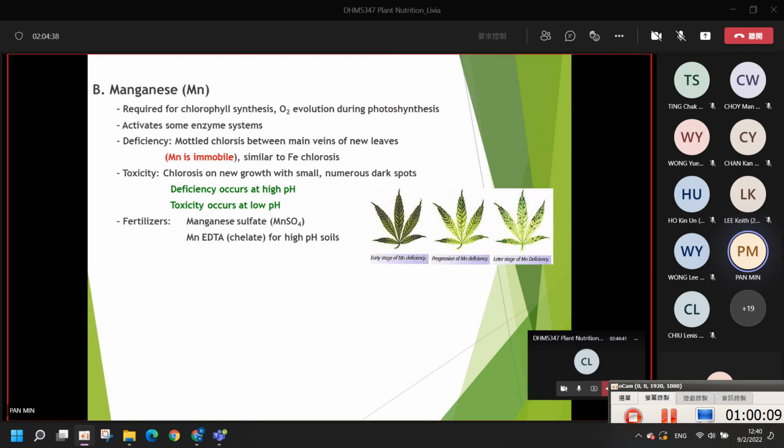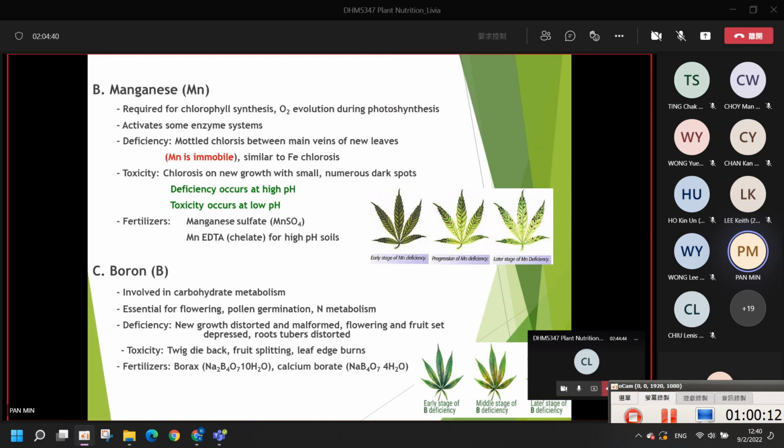We can also use manganese sulfate or manganese EDTA, another chelate, for high pH soil for this nutrient element supplement.